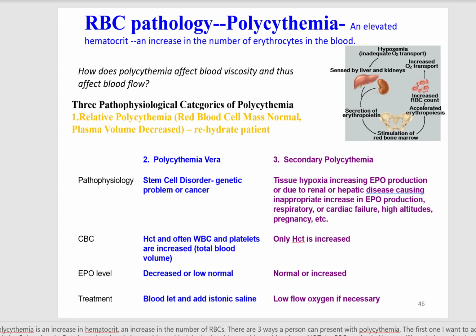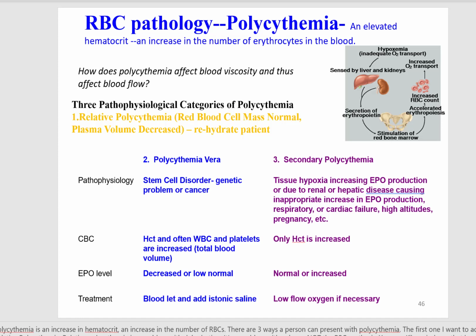Relative polycythemia really refers to a patient that is dehydrated. The red blood cell count is normal. The mass of the red blood cell is fine, but it's the plasma volume that is decreased. This, of course, would be transient. Again, this represents a patient that is dehydrated.